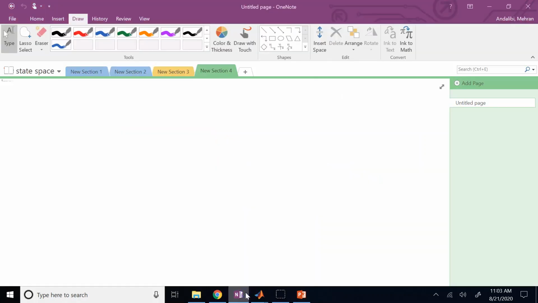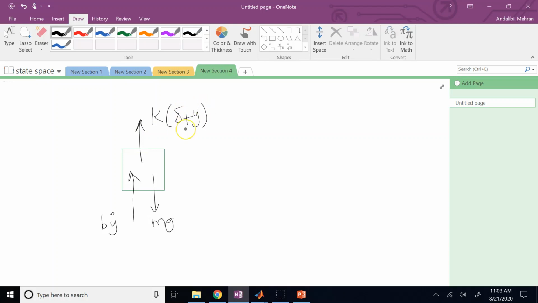So if you draw your free body diagram, you have b y dot here, you have mg here, and then you have k times (delta plus y) up there, plus of course u.